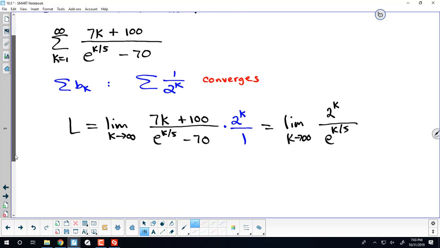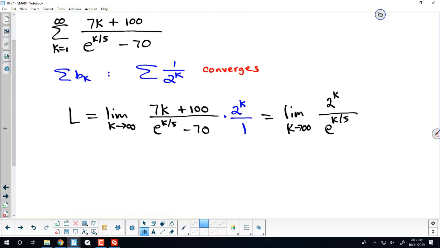If you're not convinced, then let's do L'Hopital's rule here, because this is infinity over infinity. Let's see if this helps. It might be kind of messy. What's the derivative of 2 to the k? Nope.